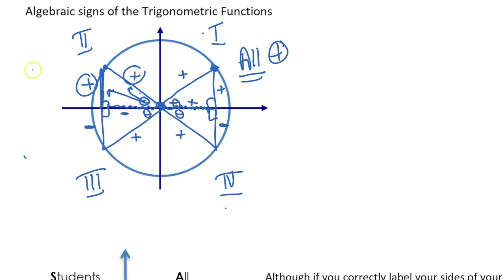So we're going to say that sine is going to be positive in quadrant 2. And that's different from what would happen if we had done cosine or tan. Both of those would produce a negative ratio. In quadrant 3, where would we produce a positive ratio? Well, it's a little bit tricky because we have two negatives. So the only way we could create a positive is if we did a negative divided by a negative.